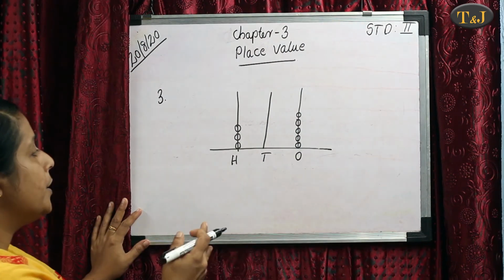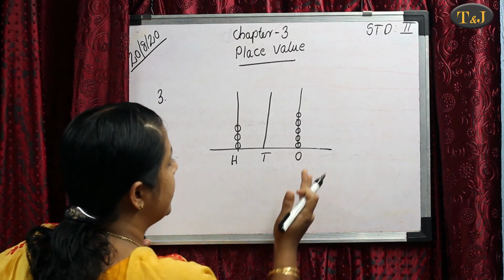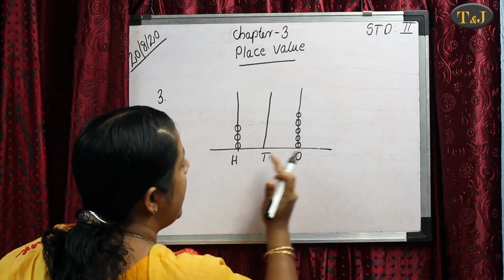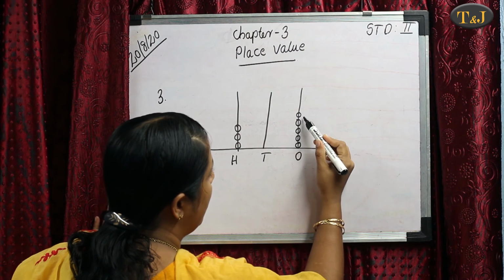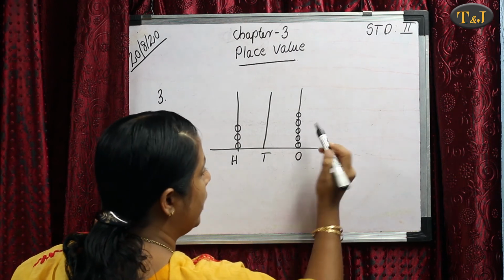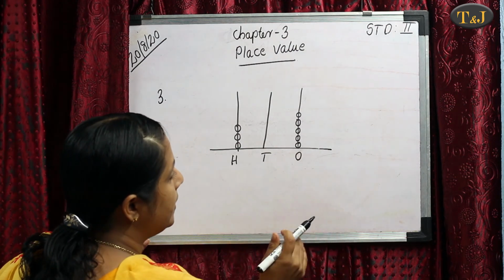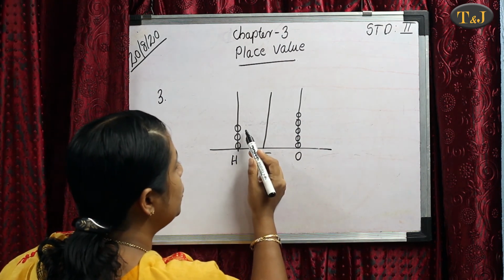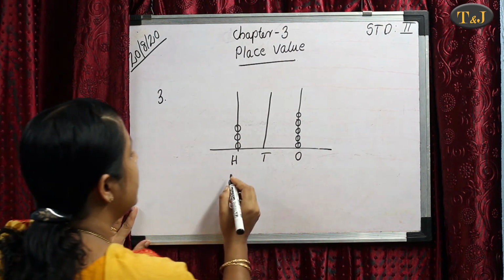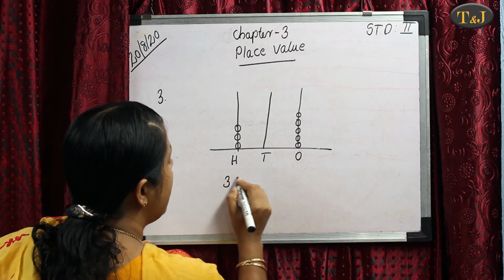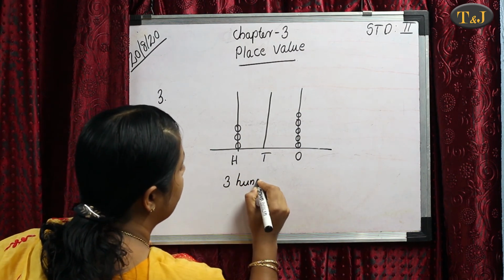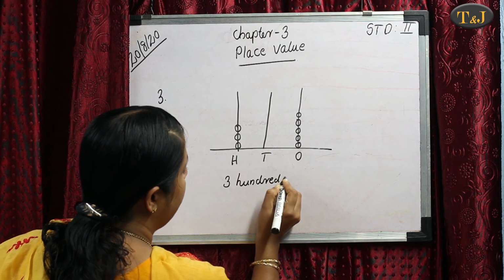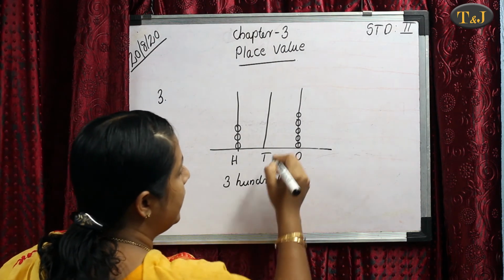Okay. One more problem. Given the abacus is that ones, tens, hundreds, and ones in how many birds? 1, 2, 3, 4, 5. 5 birds. And in tens place there is no bird. Then here hundreds place 1, 2, 3. 3 birds. So we write 300 plus, then how many tens?